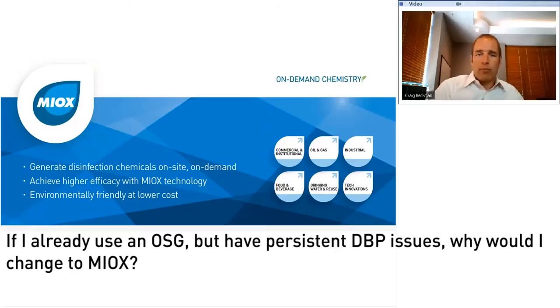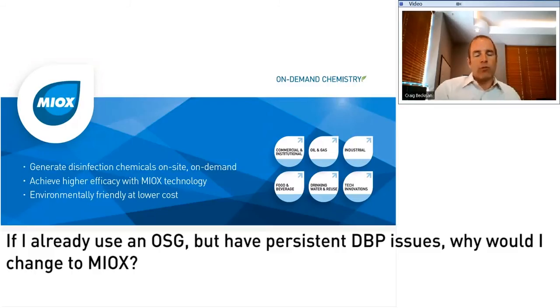So disinfection byproducts, for those of you that aren't familiar, are formed when an oxidant has time to react with an organic substance. That organic substance in municipal water treatment typically comes from one of two sources. If it is a surface water plant, very often the organic substance is coming from the surface water.